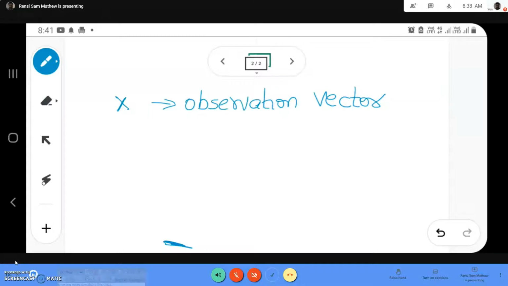We are defining the conditional probability function.